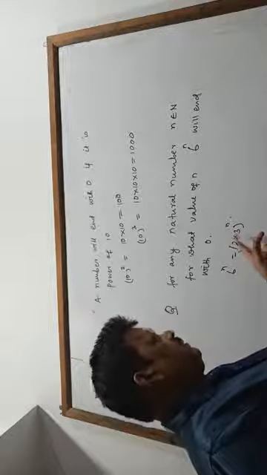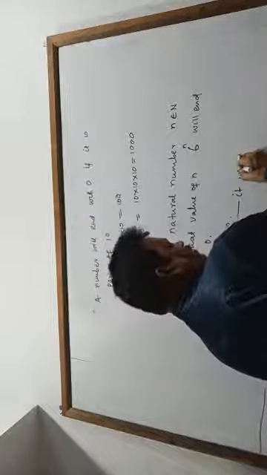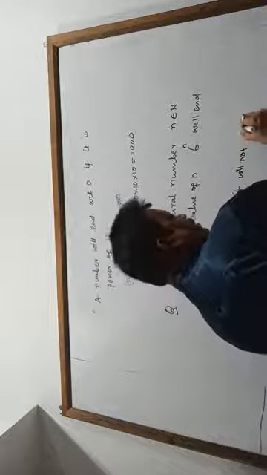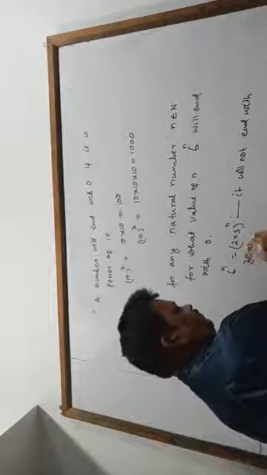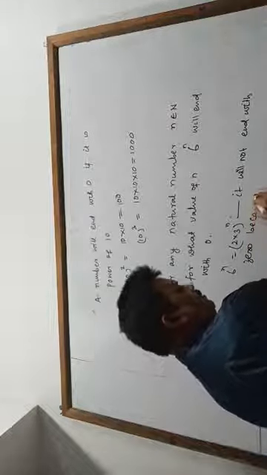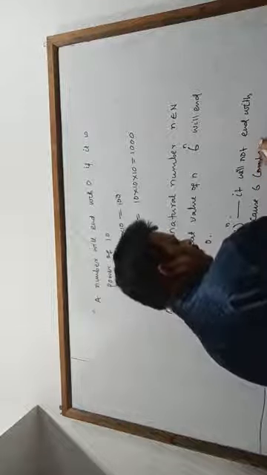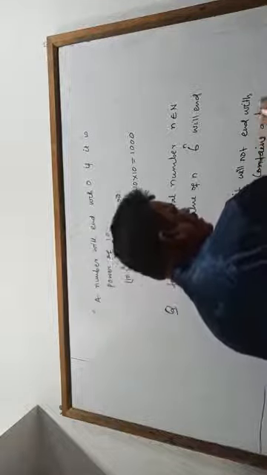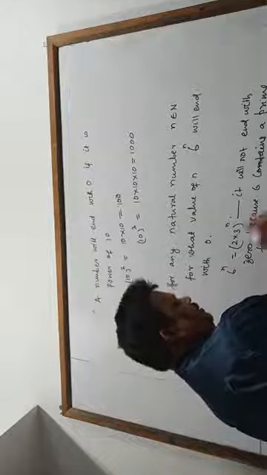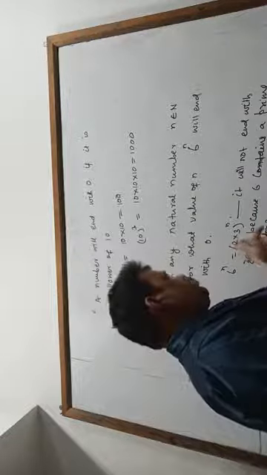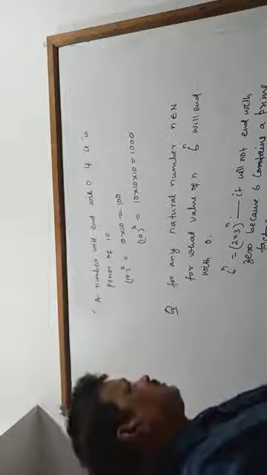Because 3 has come up, it will not end with 0, because 6 contains a prime factor 3. It should contain only 2 and 5, no other factor. Then only it will end with 0. Okay, these are the patterns.